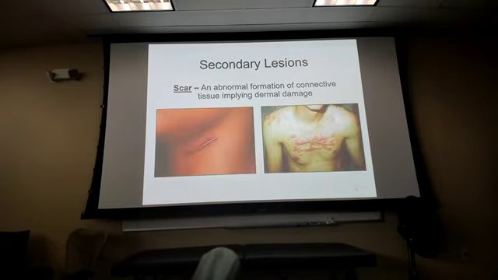You can have some scars, that abnormal formation of connective tissue, implying some dermal damage, right? So if you were cut and you get a scar, y'all pretty much know what scars can be, right? We can have those anywhere if we are exposed to some trauma or some surgery or something else, right?